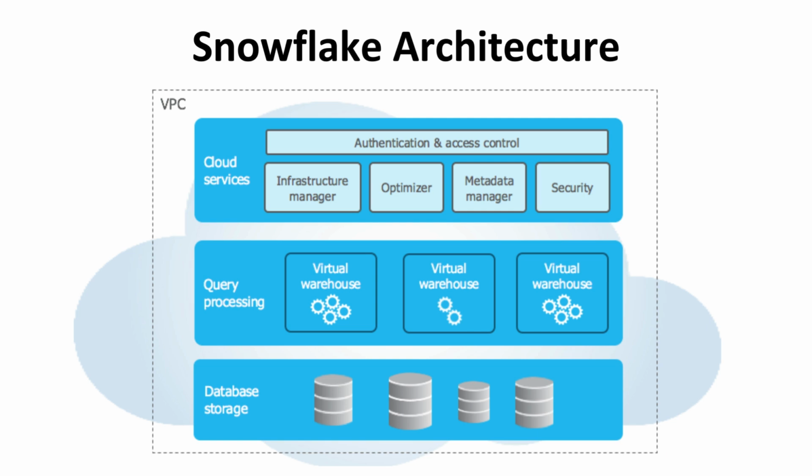So it's a kind of brain. It gives direction to the system, telling it to do this and perform that. It maintains everything, so it's the brain of Snowflake. This is the three layers of Snowflake.